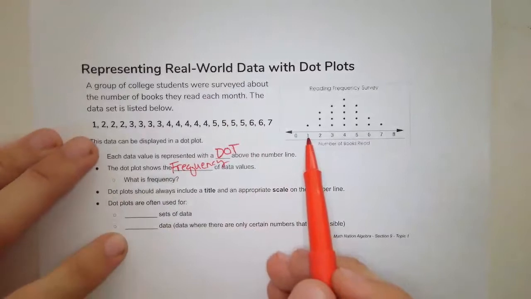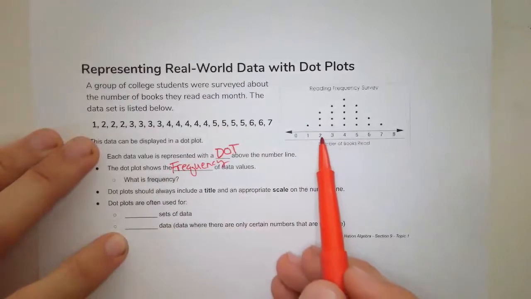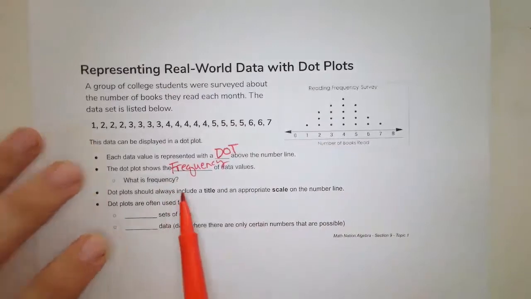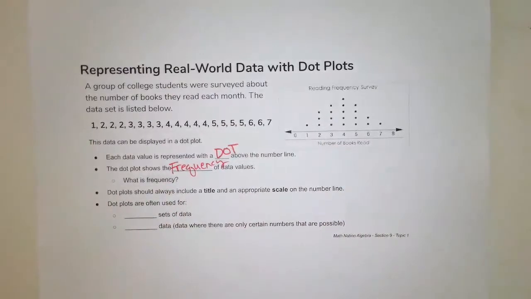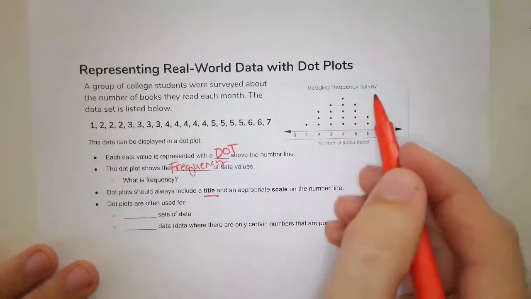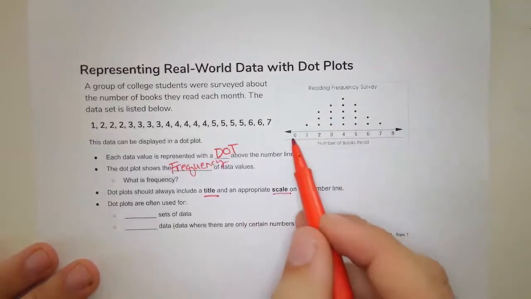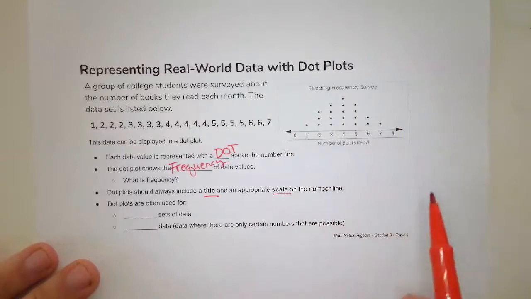So one book was read once. Two books were read 1, 2, 3 times, so on and so on. Frequency is just the amount of times something occurs. A dot plot should always include a title, reading frequency survey, and an appropriate scale. So the scale is 0, 1, 2, 3, 4, and so on.